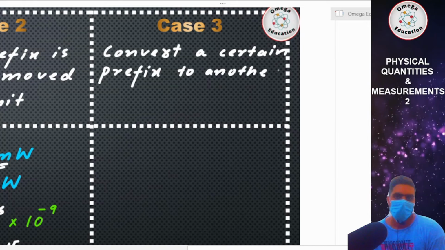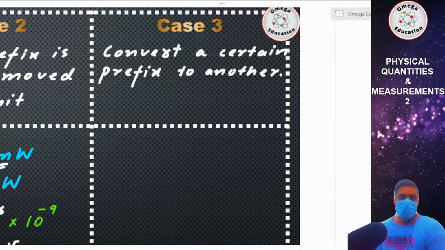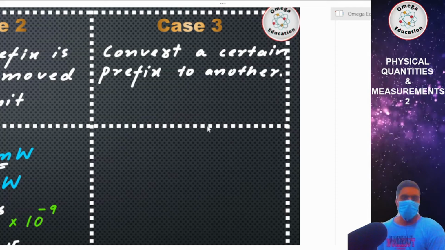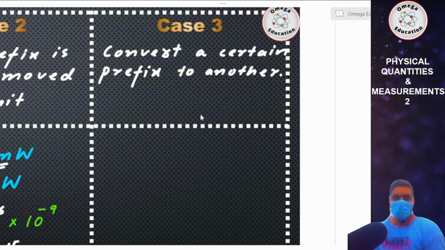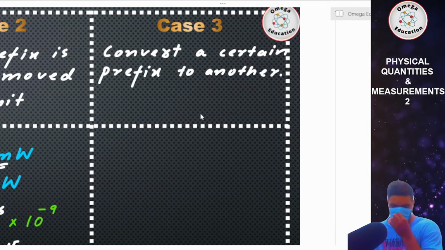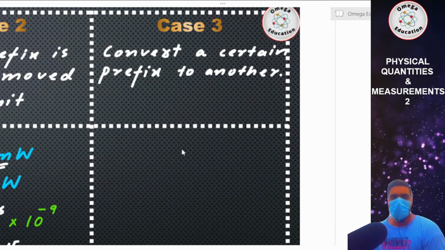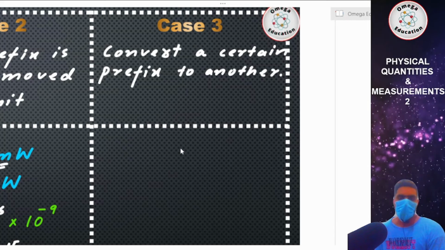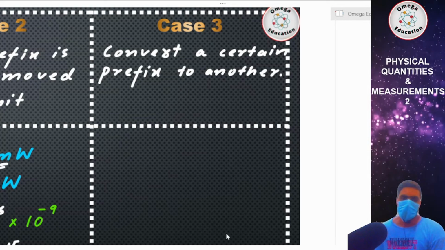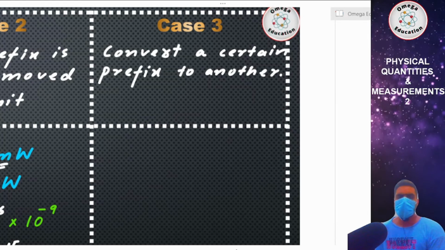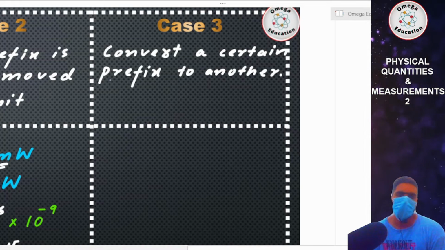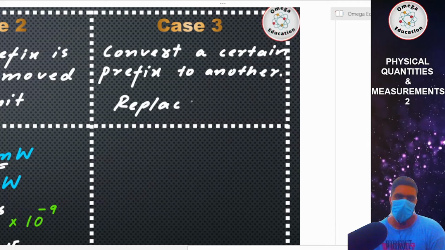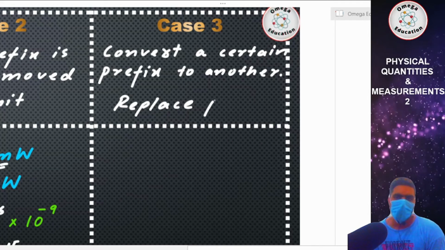All right, so the physical quantity that is given in the data would be containing a prefix, and you need to convert that value into another prefix. Or in simple words, I can say we have to replace the prefixes with each other. Replace the old prefix with the new one.